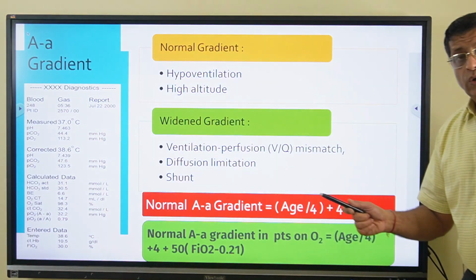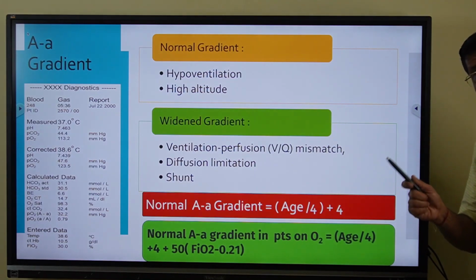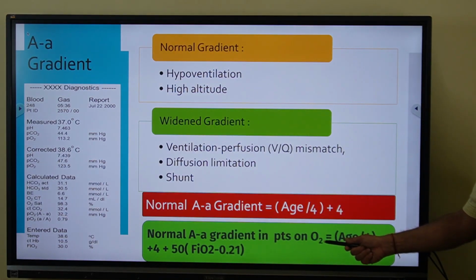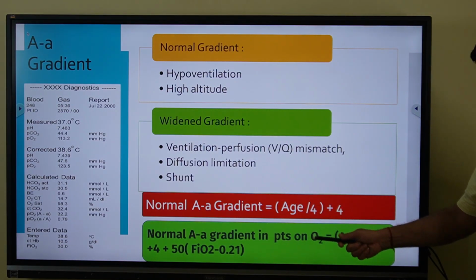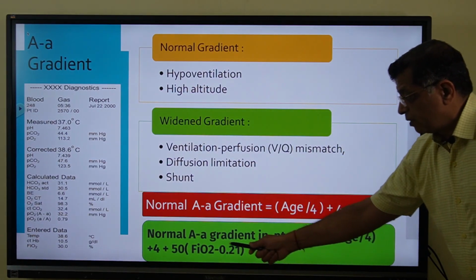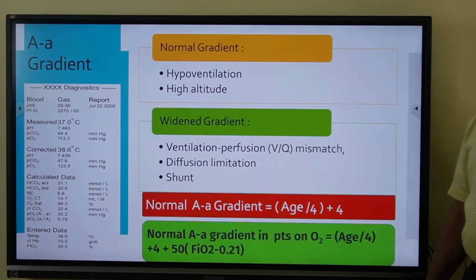But as we all know, in alveolar gas equation, we have FiO2. So if the FiO2 changes, that is if the patient is breathing oxygen, then the formula of normal expected A-a gradient becomes age divided by 4 plus 4 plus 50 multiplied by (FiO2 minus 0.21). So we'll see the examples.